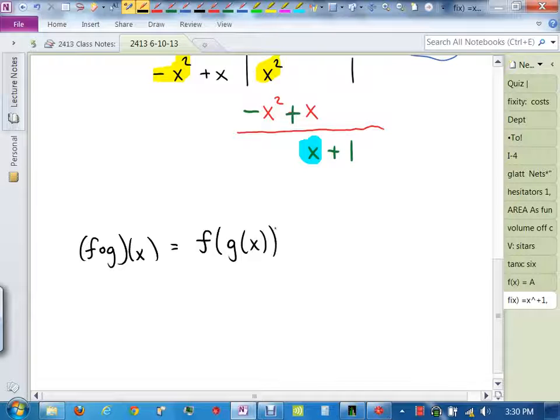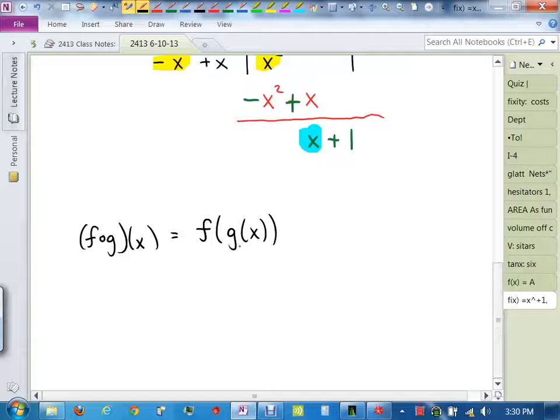That's the definition of composition, right? So I'm going to put f, and inside of f, I'm putting the g function. What's the g function? x minus x squared. So that's going to be plugged into f. So everywhere in the f function that I see an x, I replace it with that, right?